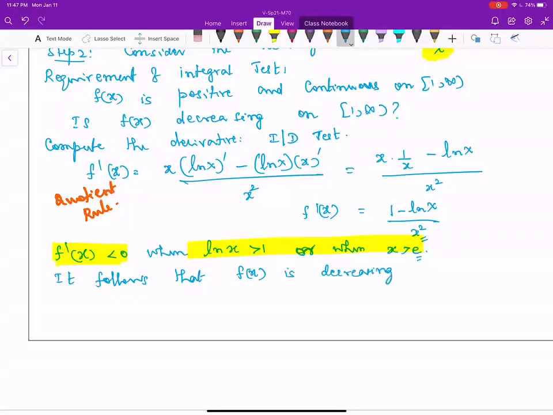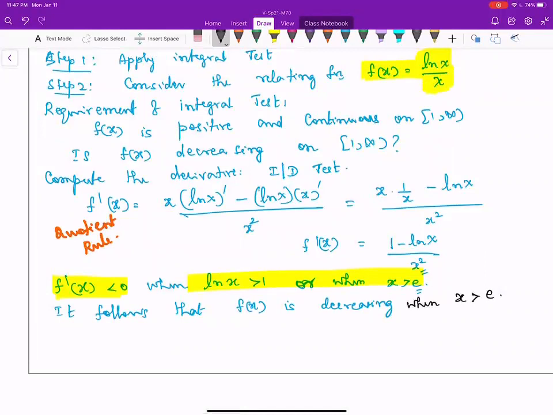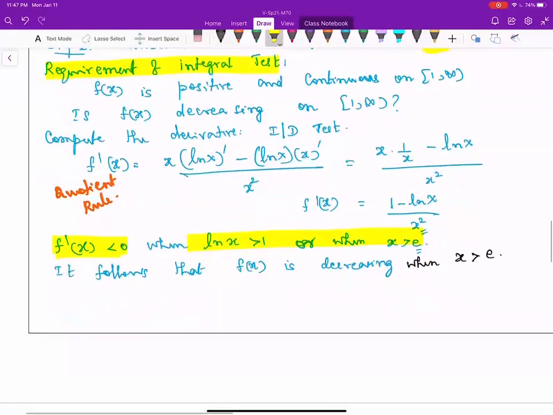It follows that f of x is decreasing ultimately when x is more than e. We proved that far. So now we are allowed to apply the integral test. So far, we have only proved the requirement of the test. So now we are going to apply the integral test.